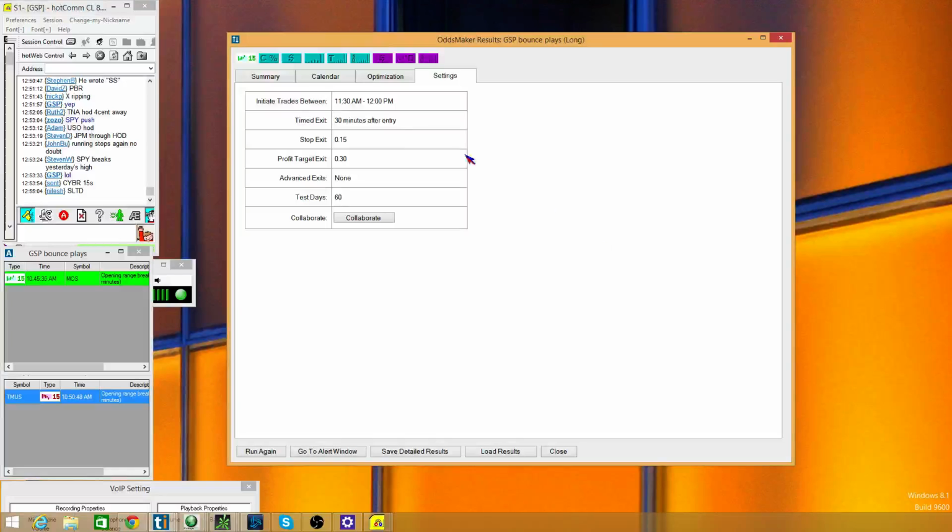And knowing that they actually work better, and again, this is my time, so this is an hour off of Eastern time, between 10:30 and 11 seems to be the optimal time for this strategy, which is something that GSP just mentioned, that he doesn't like them triggering in the first little bit. But now we've actually quantified that if they trigger, we want them triggering after the first hour.